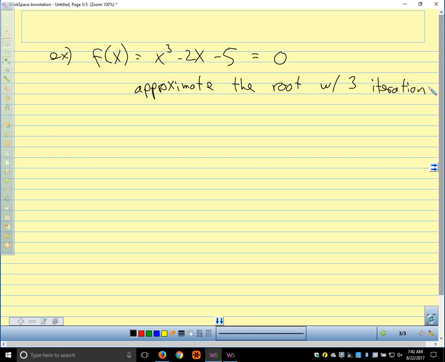So this problem specifies how many iterations. If we weren't using Newton's method for this polynomial, how would we, with the algebraic tools that we have, have to go about trying to find the zeros of that polynomial?